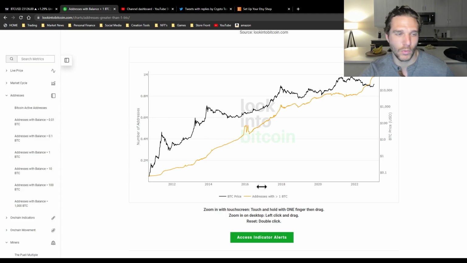So that's a pretty cool indicator as well. So guys, the fundamentals right now are stronger than ever. Everything is at its peak on Bitcoin fundamentals, while the price is some of the lowest we've seen in the past year or 2 years. So it's a good time to be in the space.